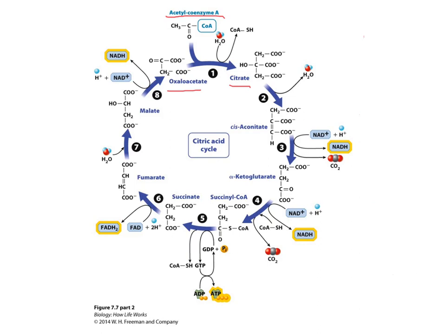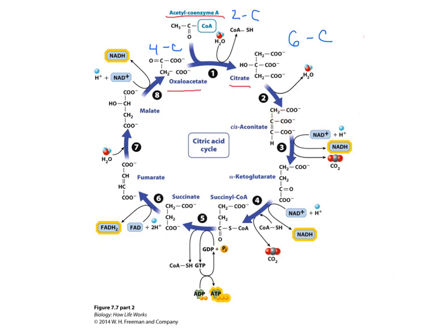The acetyl-CoA, which has 2 carbons, combines with oxaloacetate, which has 4. Okay, so we take a 4-carbon and a 2-carbon molecule, we combine them and we get the 6-carbon citrate. Alright, we then reorganize the citrate. So we go from citrate to cis-aconitate.